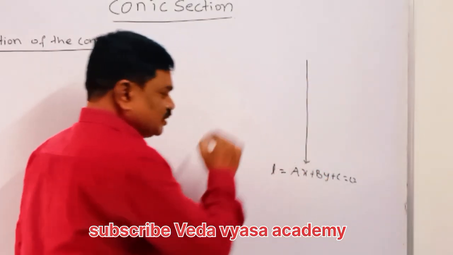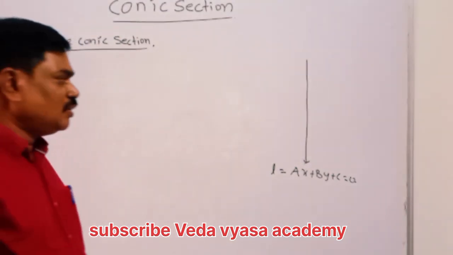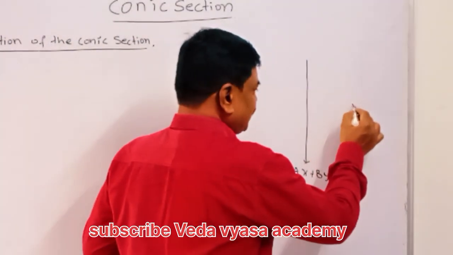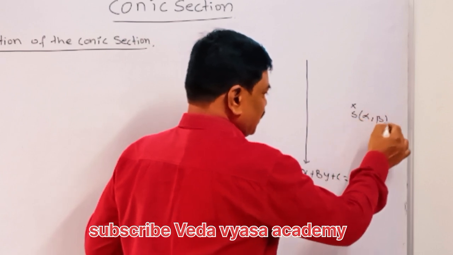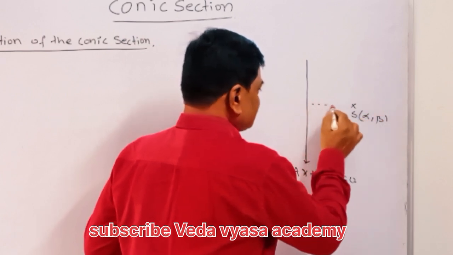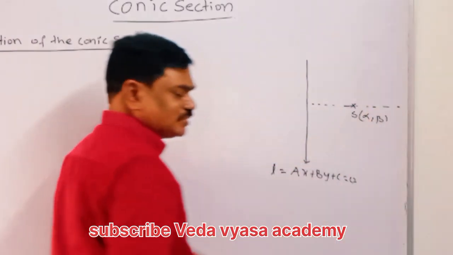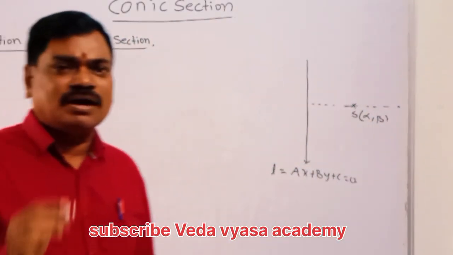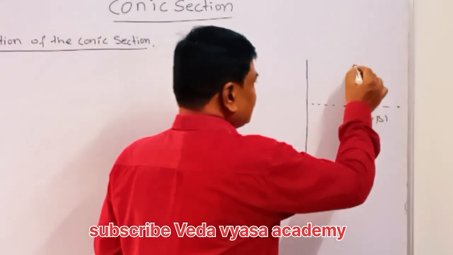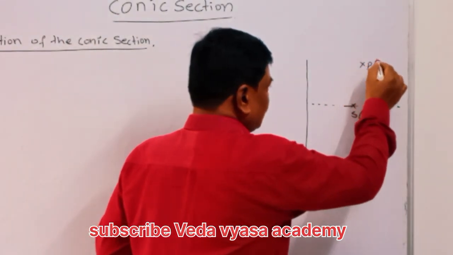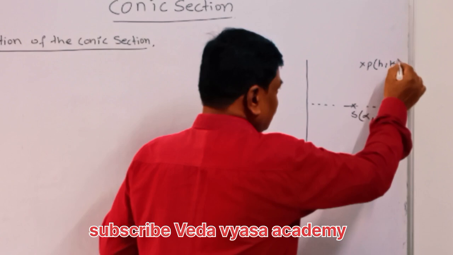Line L is the directrix. Let the point S(alpha, beta) be the fixed point. This is the focus of the conic, and this is the point P(h, k).